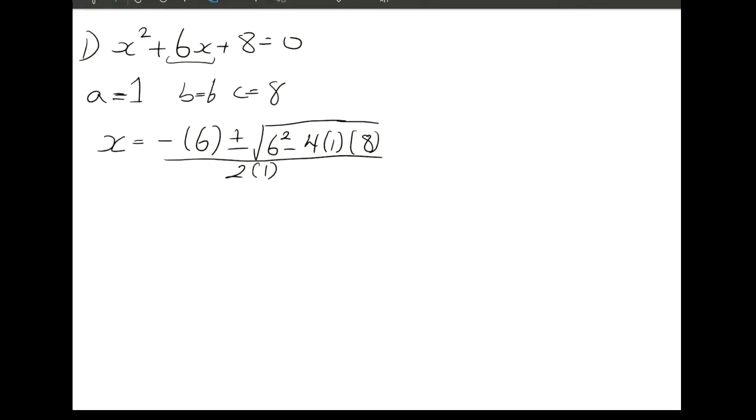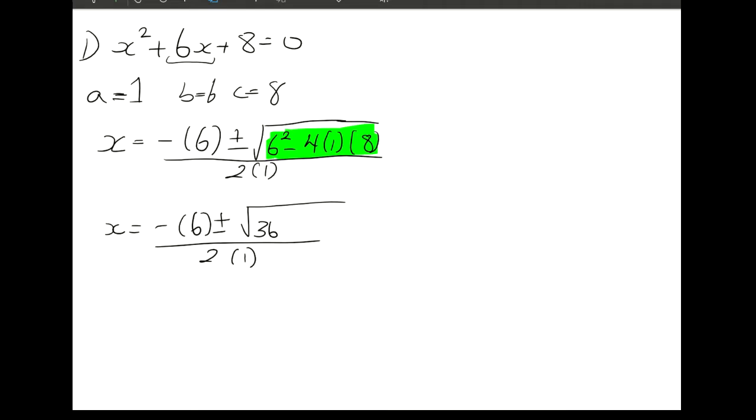What I tell my students is that you always want to work out what is under the square root sign first. So you work out 6 squared minus 4 by 1 by 8. Everything else we write the same. 6 squared, which is 6 by 6, gives you 36.